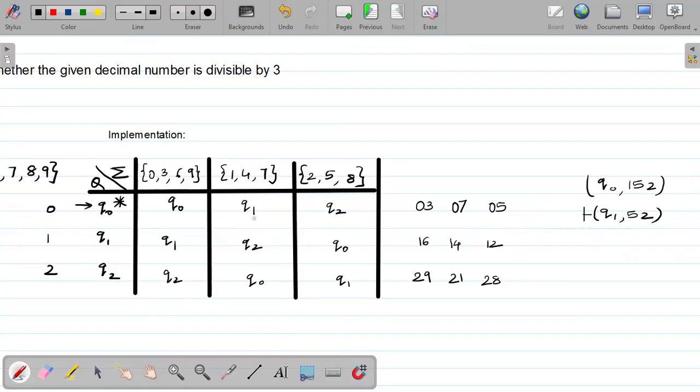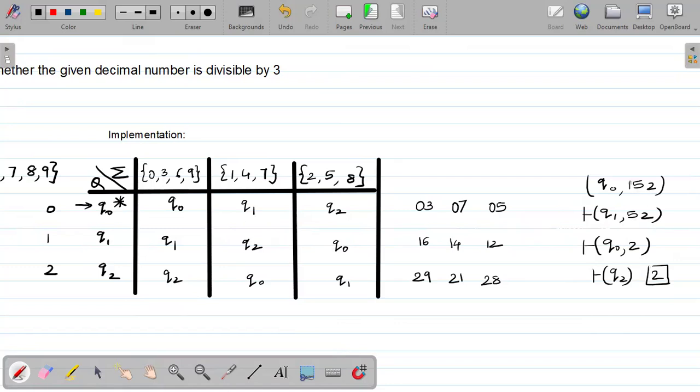So here, if you check, we are in Q0, input is 1, we go to Q1. In Q1, when the input is 5, we go to Q0. In Q0, when the input is 2, we go to Q2.